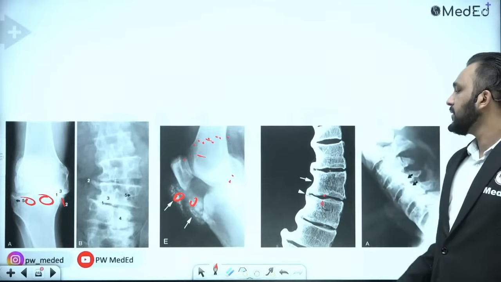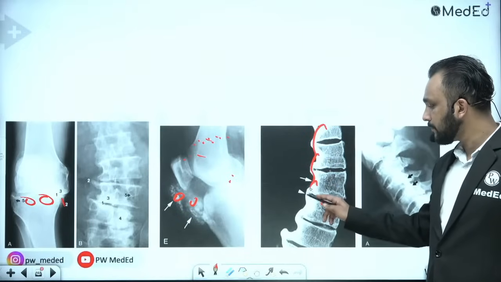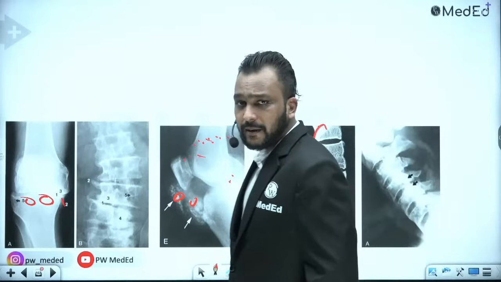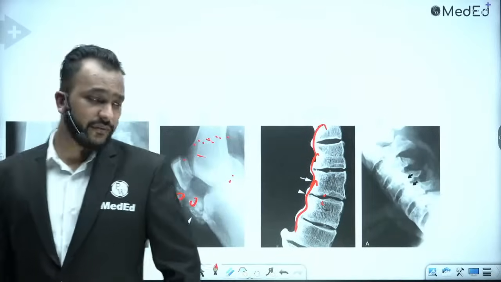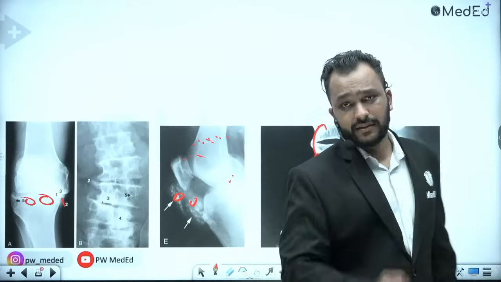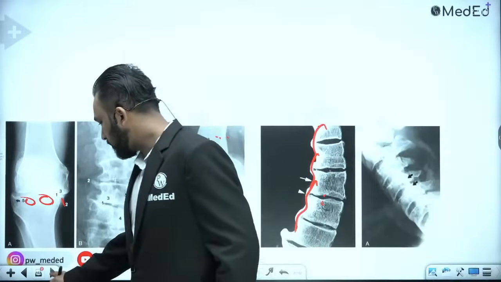In the fourth x-ray we can see that there is flowing calcification, bumpy contour of the anterior cervical vertebra. This is due to the calcification of the anterior longitudinal ligament seen in diffuse idiopathic skeletal hyperostosis.